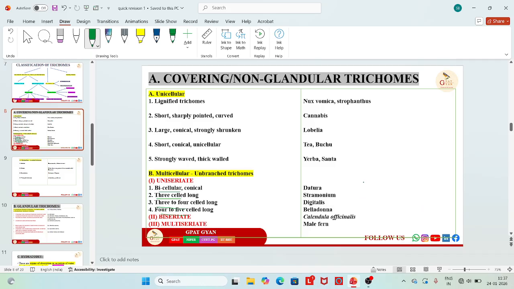This was DSDB: Datura, stramonium, digitalis and belladonna, DSDB. So these are the uniseriate portion. For the biseriate, there is Calendula officinalis, and for the multicellular, there is male fern. And from this slide, the lignified trichome is the most important. So don't forget that.